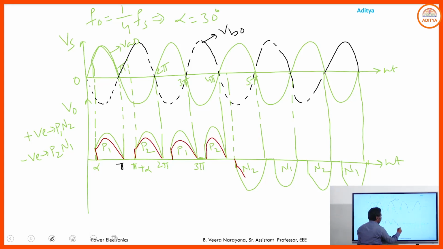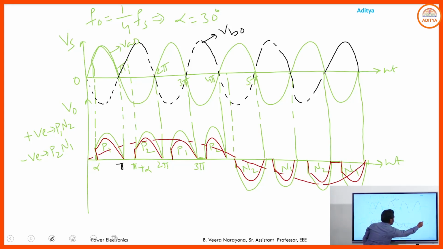Then you draw this current waveform like this, and the average of this is considered as the mean output voltage or average output voltage of the midpoint type step down cycloconverter with R load.